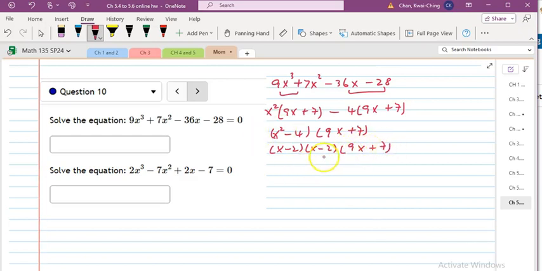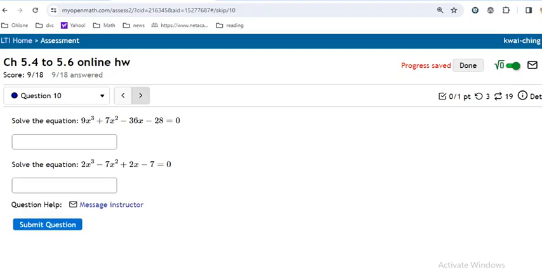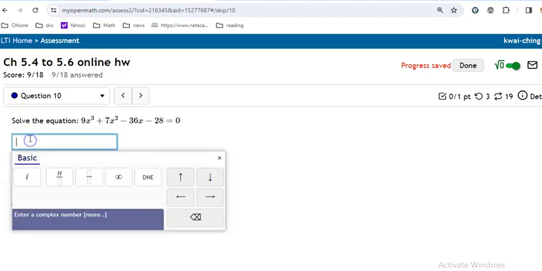So the zeros from x plus 2 and x minus 2 will be negative 2 and 2, and 9x plus 7 equal to 0: 9x equal to negative 7, x equal to negative 7 over 9. So the answers are 2, negative 2, negative 7 over 9.